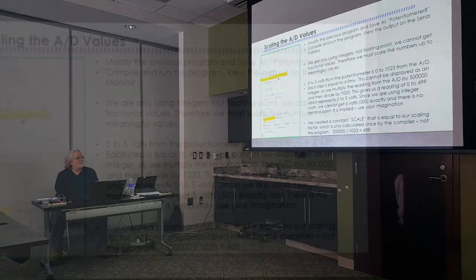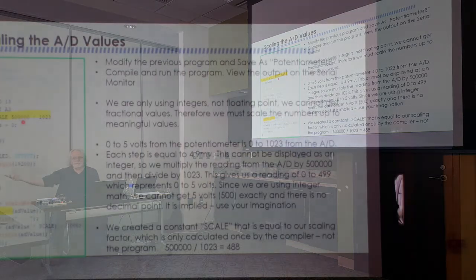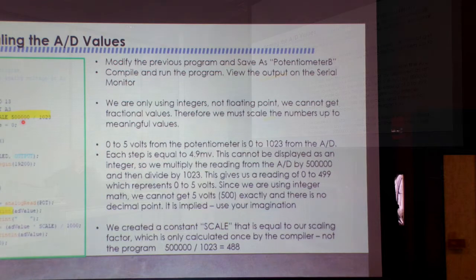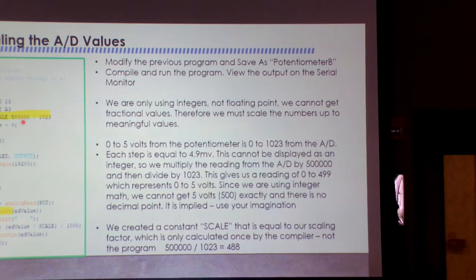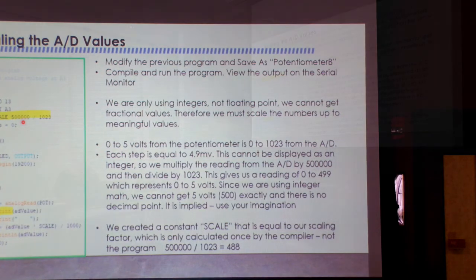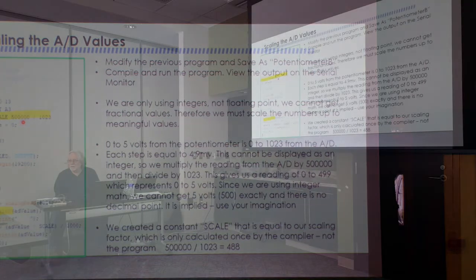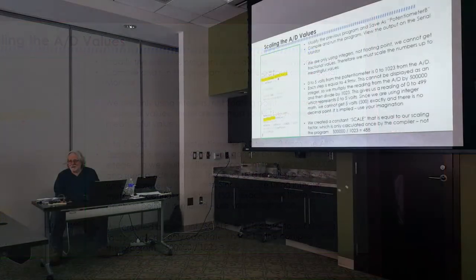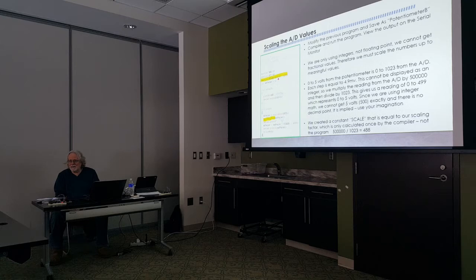So you've got to scale the number up, so you multiply by, in this case, 500,000, and you divide it by 1023, and you'll get a kind of meaningful number. So if you ran the program, you got some numbers between 0 and 499, and what you had is an implied decimal point after the first character. So 499 was really 4.99 volts.